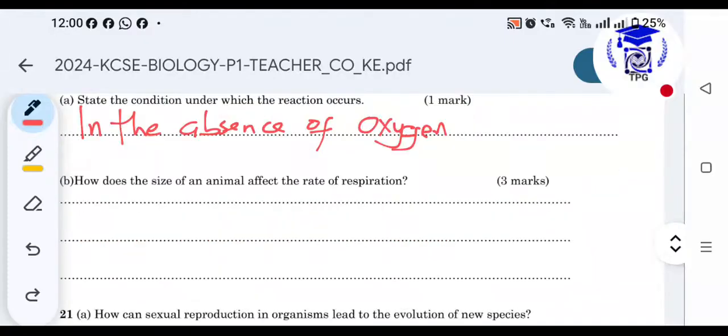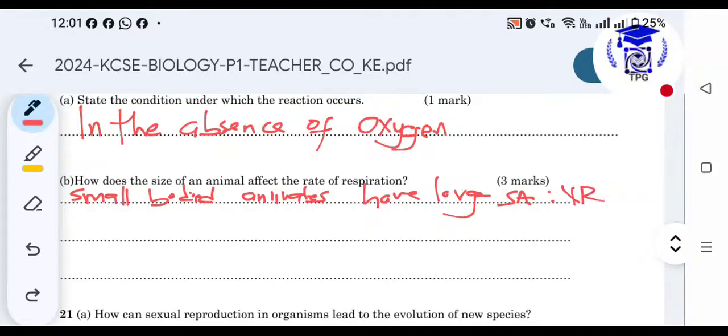Part B. How does the size of an animal affect the rate of respiration? Number one is that small-bodied animals, according to surface area to volume ratio, have a large surface area to volume ratio, which is for heat loss.